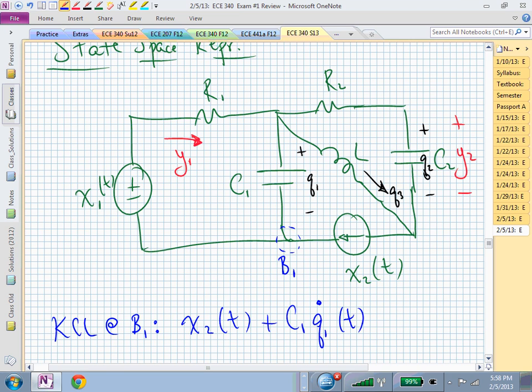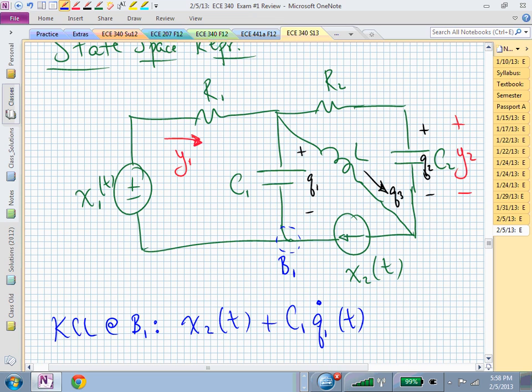What's the current coming this direction? Well, that's just the current going through R1, but we have that in terms of Q1 and X1, don't we? We can say Q sub 1 minus X sub 1 divided by R1 is the current coming into that node from the left. You now have to figure out what's a good reference node, and the reference node here is, well, we really haven't established one, but for that particular point, we have this as your reference node as B sub 1.